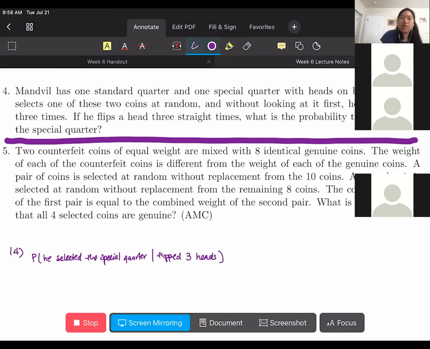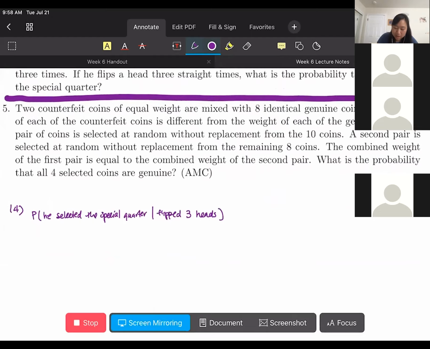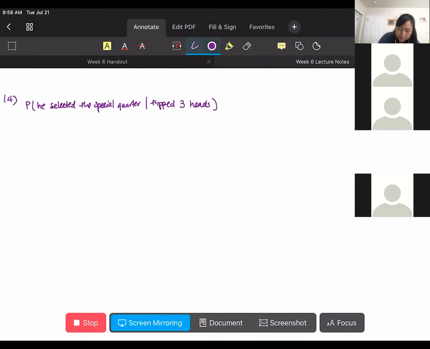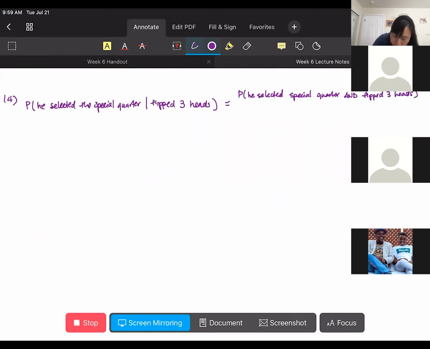This was an example where we can't directly just count one over the other. So here we actually want to use our conditional probability formula. Remember, this equals the probability that he selected the special quarter and flipped 3 heads over the probability he flips 3 heads.